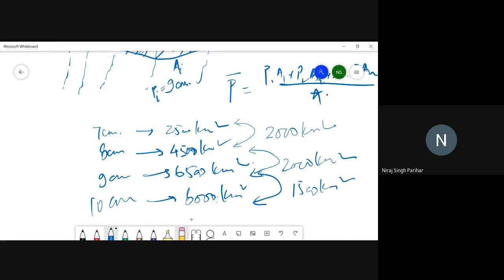So in this way, you can have the areas A1, A2, A3, and you can have an average of these contour readings as P1, P2, P3. So your P1 will be 7.5 centimeter, your P2 will be 8.5 centimeter, and your P3 will be 9.5 centimeter. और फिर आप इस फॉर्मूले में इसको रख सकते हैं. You got it? How it works?